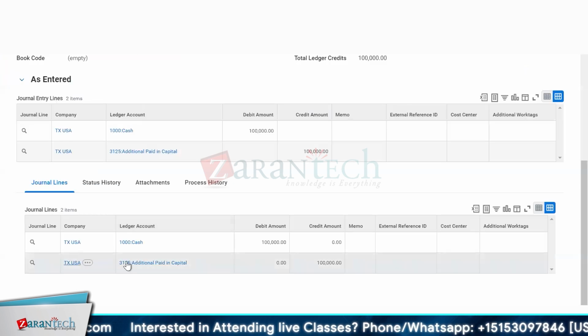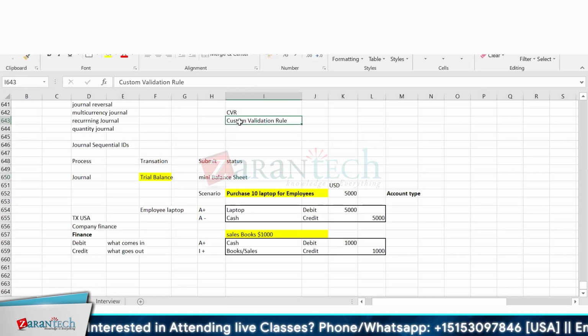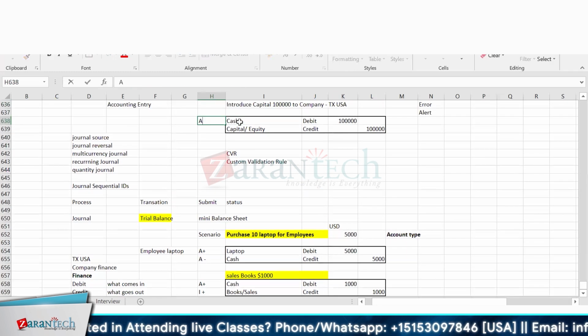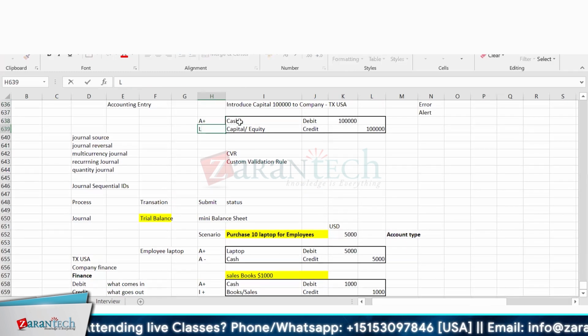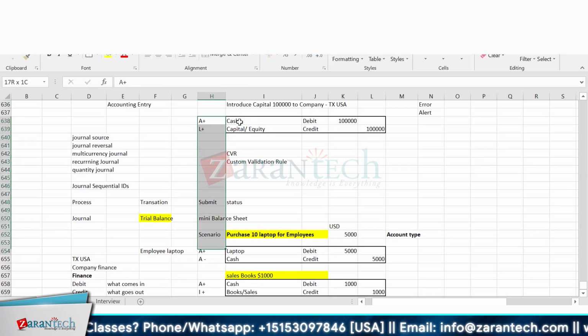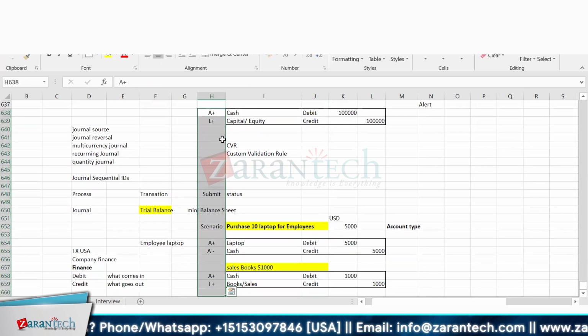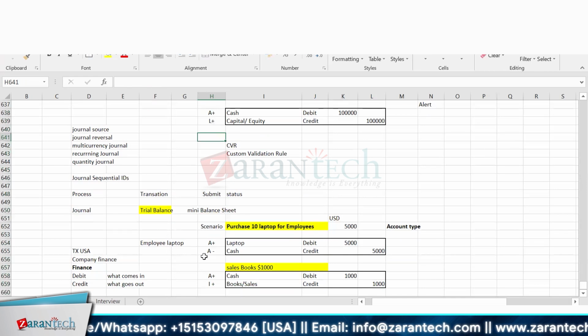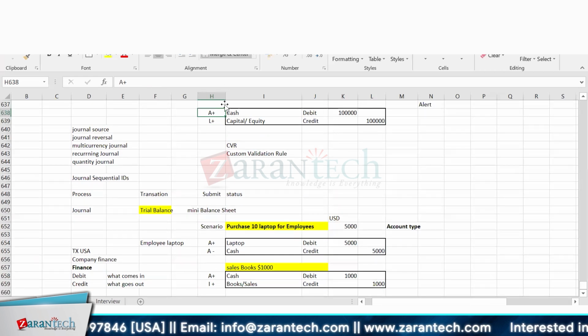Now capital is my, what is the nature of the capital account type? Anyone? Capital is my liability. Liability means it is increasing, so it is L plus. It's totally a finance concept, so you can Google it to learn more. Whenever any transaction happens, one account type will be debit, another will be credit, but it is not mandatory that both would be plus and one minus.